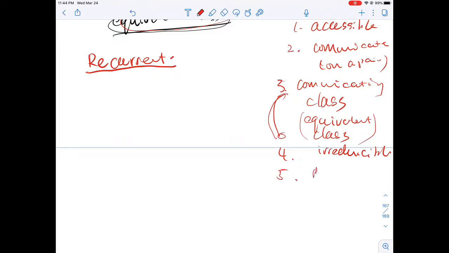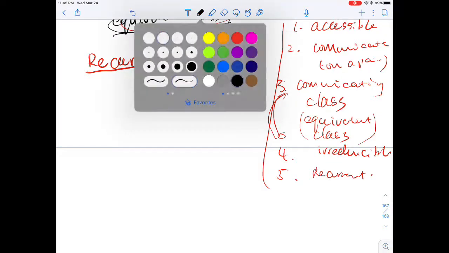The fifth concept is recurrent. We are listing out a lot of concepts which I personally don't feel are terribly useful in practice, but you need to be aware of their existence. So let me talk about that.